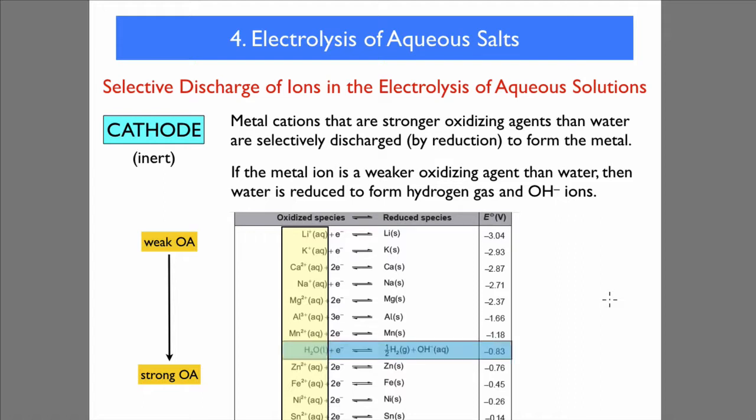You can see where water is, and so you just need to look at whether the metal ions are above or below water to see what will be reduced. Things that are above, all of these ones here, will not be reduced. But these ones here will be.